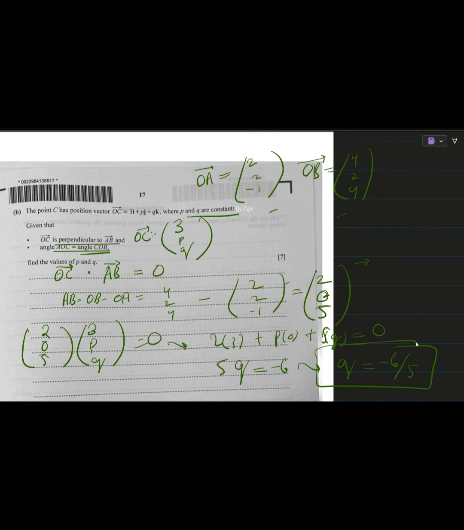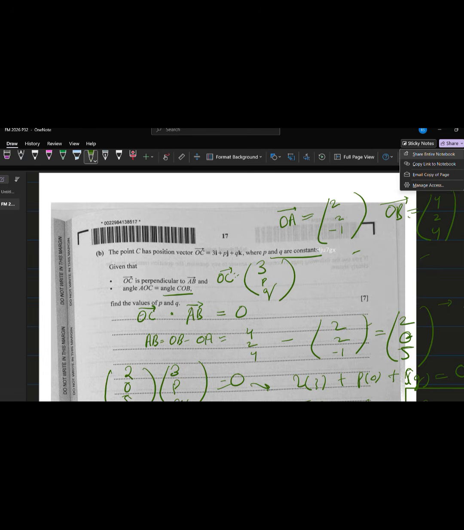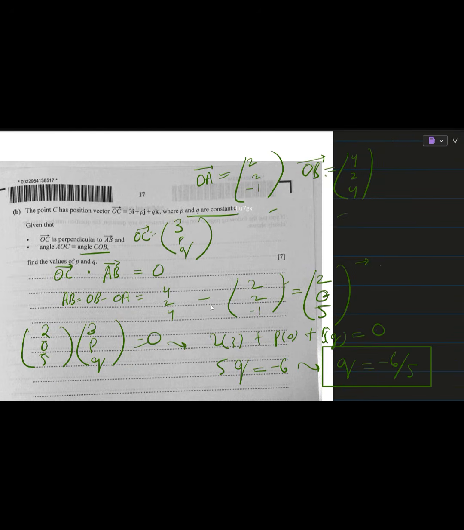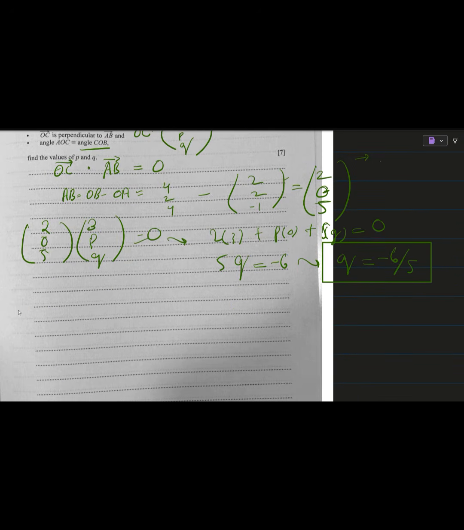So we have the value of Q now, using the first condition. Now the second condition is that angle AOC is equal to angle COB. If we imagine this over here, with the directions like this, we can use the scalar product formula.